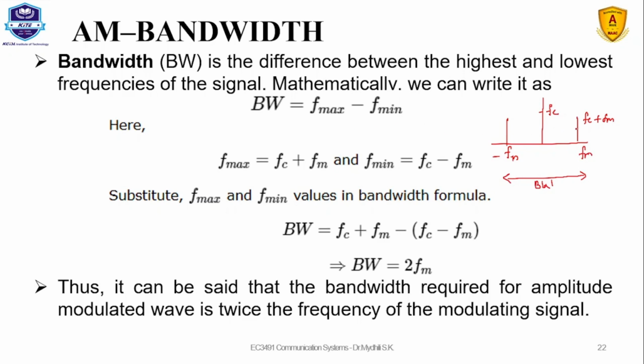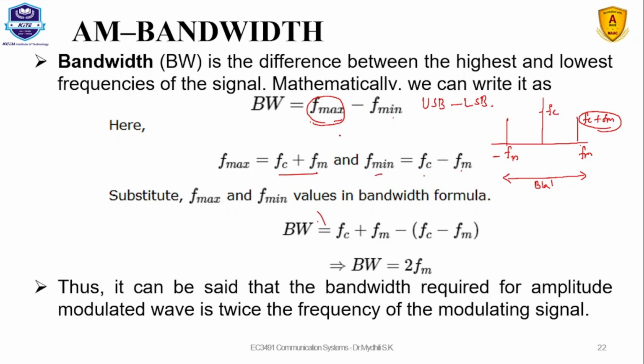Generally speaking, bandwidth is the maximum frequency minus the minimum frequency. Here the maximum frequency is the upper sideband frequency minus the lower sideband frequency. The upper sideband frequency is Fc plus Fm, and the lower sideband frequency is Fc minus Fm.